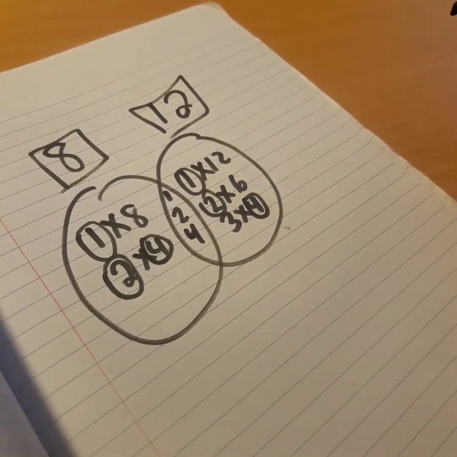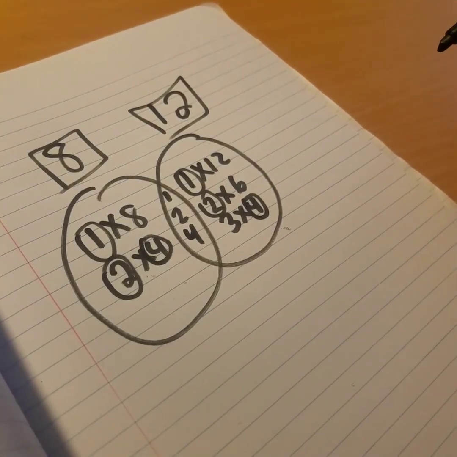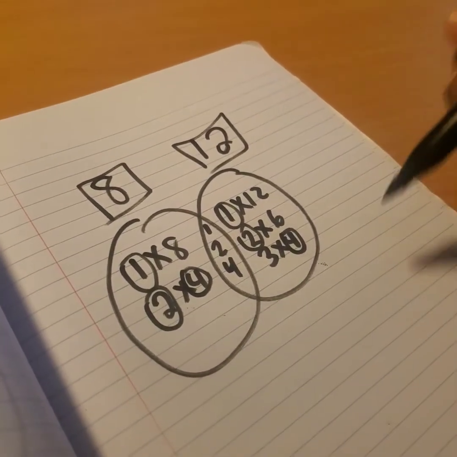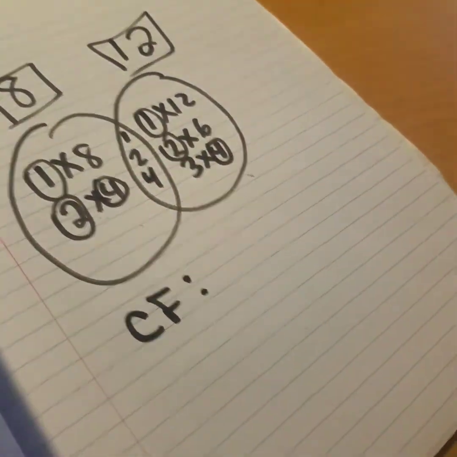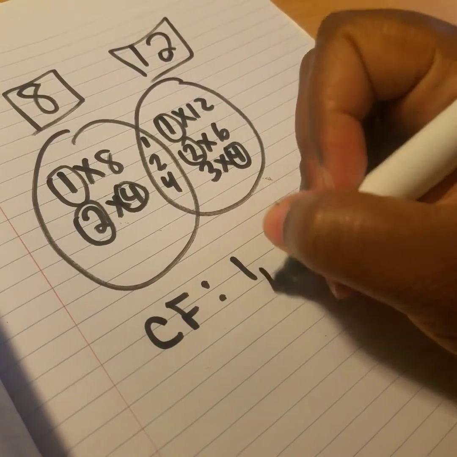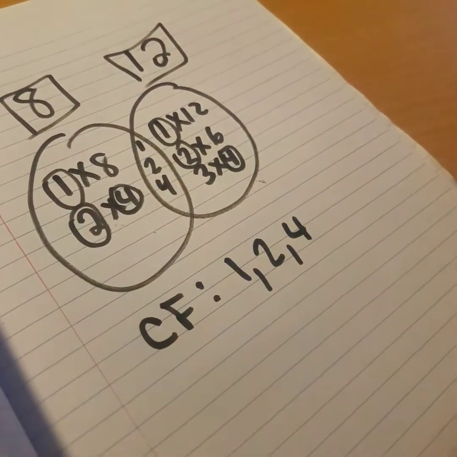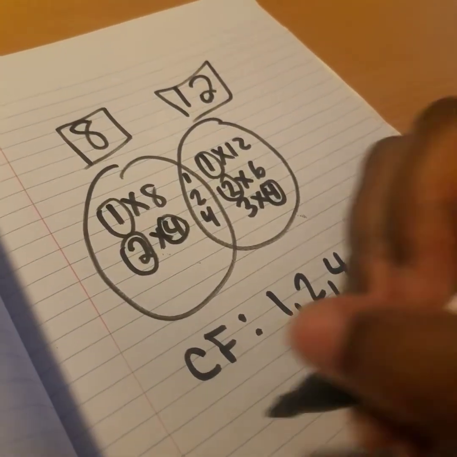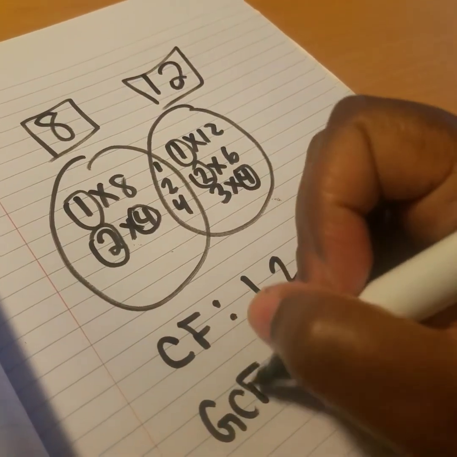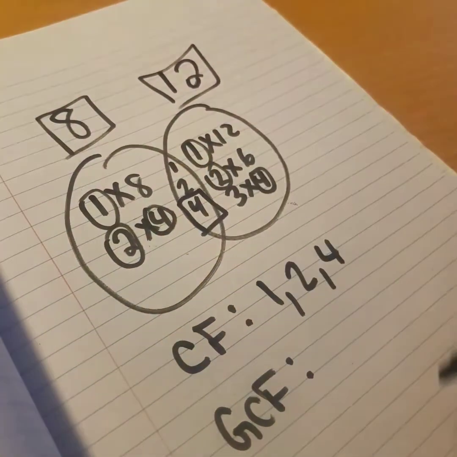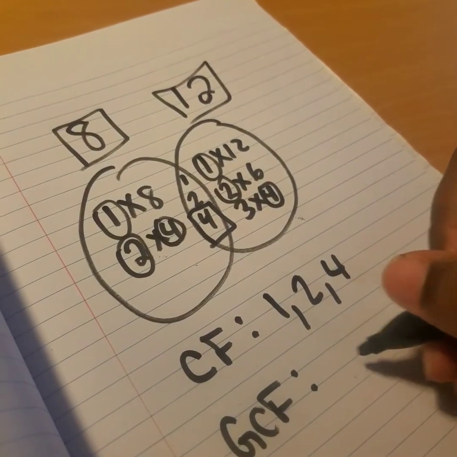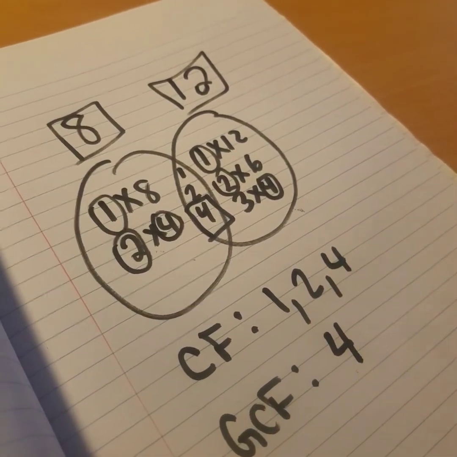Do they have 8 in common? No. So now we know that we have all of the common factors. You could say the CFs, common factors, are 1, 2, and 4. But we're looking for the GCF, the greatest common factor, which would be 4, because 4 is the largest number out of the common factors.